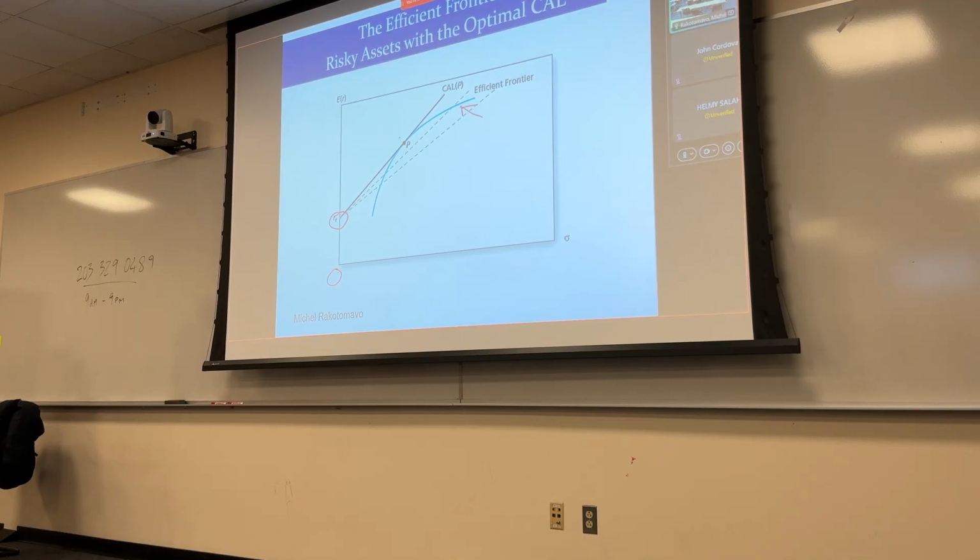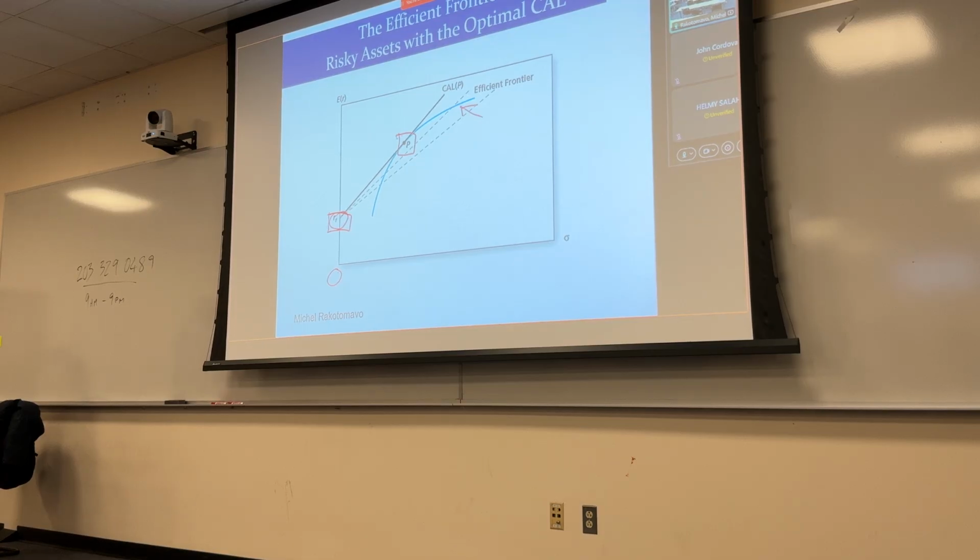We're interested in this portfolio on the old efficient frontier, and of course in the risk-free portfolio or risk-free asset. These are the only two portfolios we're interested in. Why?